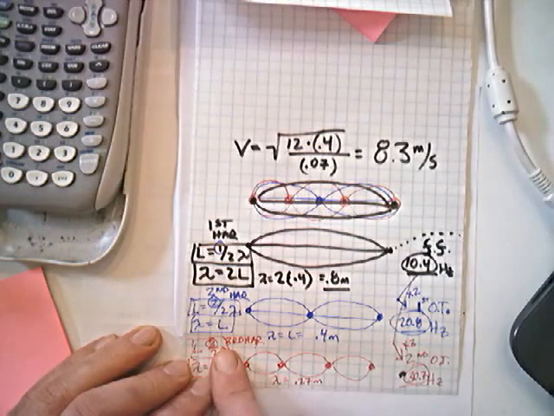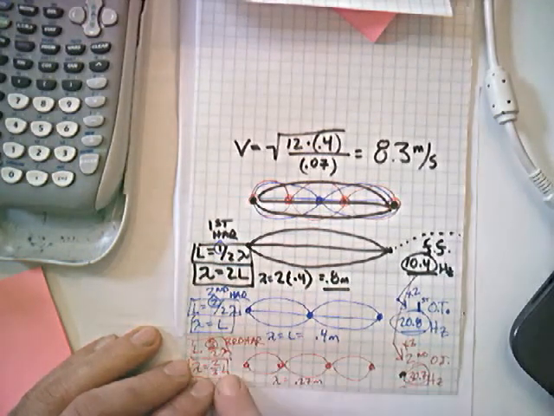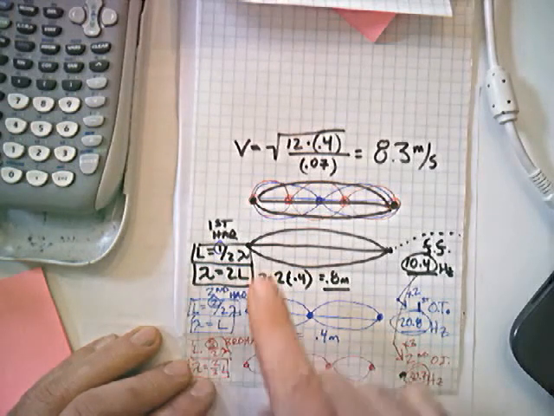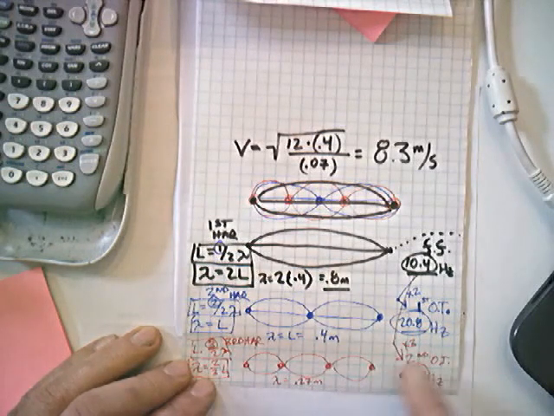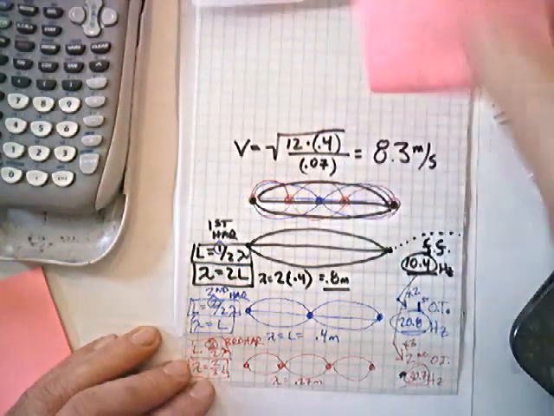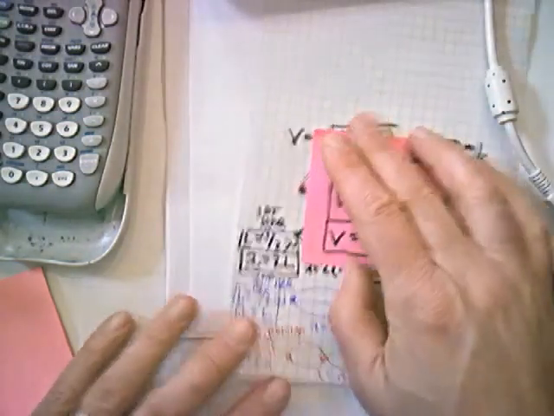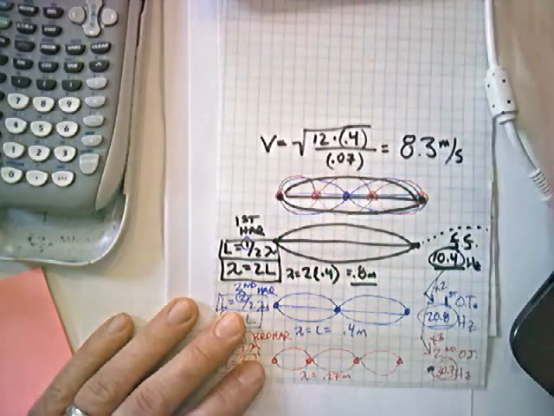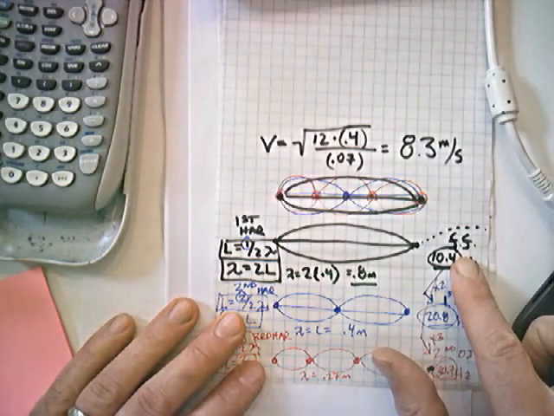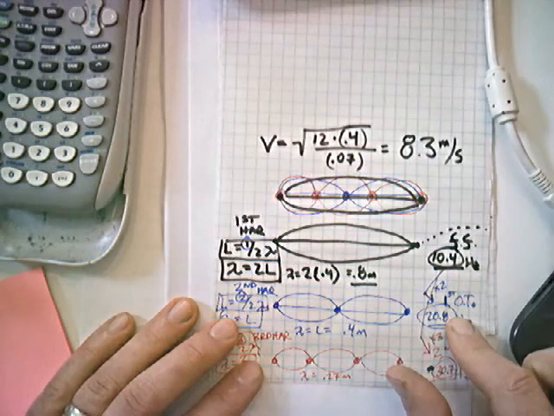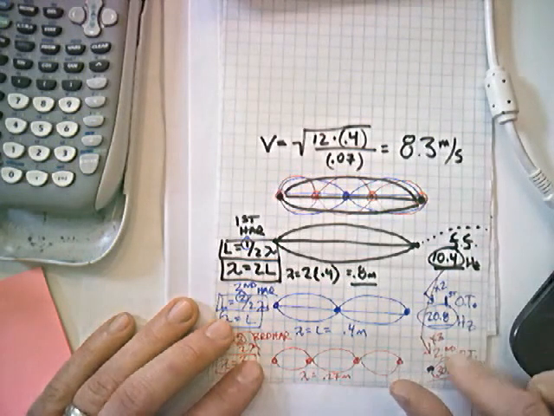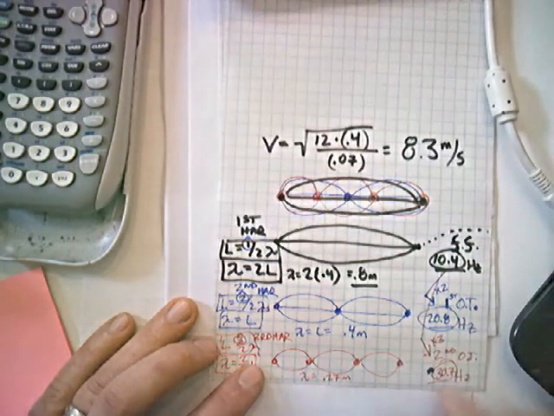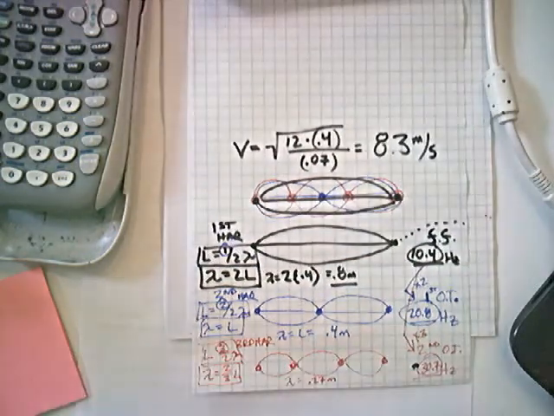Rearrange algebraically, 2L, L, and 2/3 L. Plug in the length of the string, find your wavelengths, use our other velocity equation, frequency times wavelength, and then solve for the frequencies. The longest wave gives you a fundamental frequency. The second longest wave gives you the first overtone, and the third longest wave gives you the second overtone. And so this is how we approach a problem like this. All right, the end.